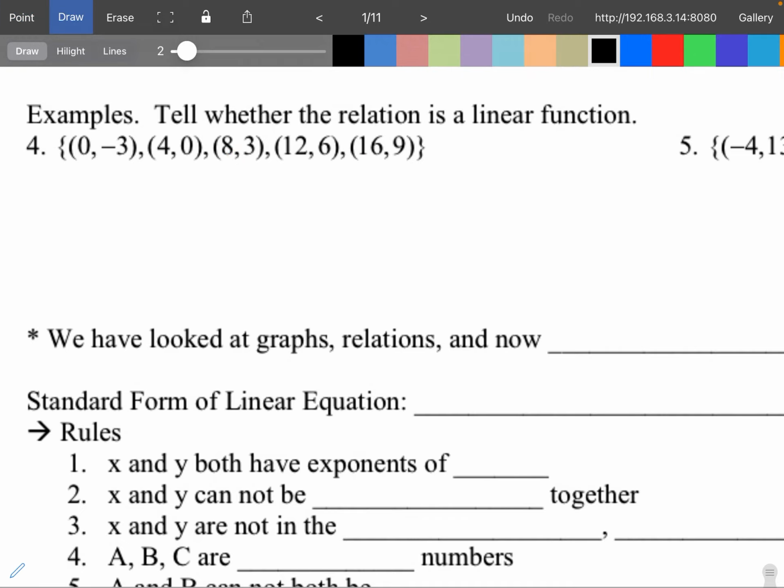All right, so let's look at these next two problems. So number 4. First of all, they want to know right away, is it a linear function? Is there a constant change in the x values? Yes. What is it? 4. The x values are all going up by 4, right? So to get from here to here, you got to go up 4 each time.